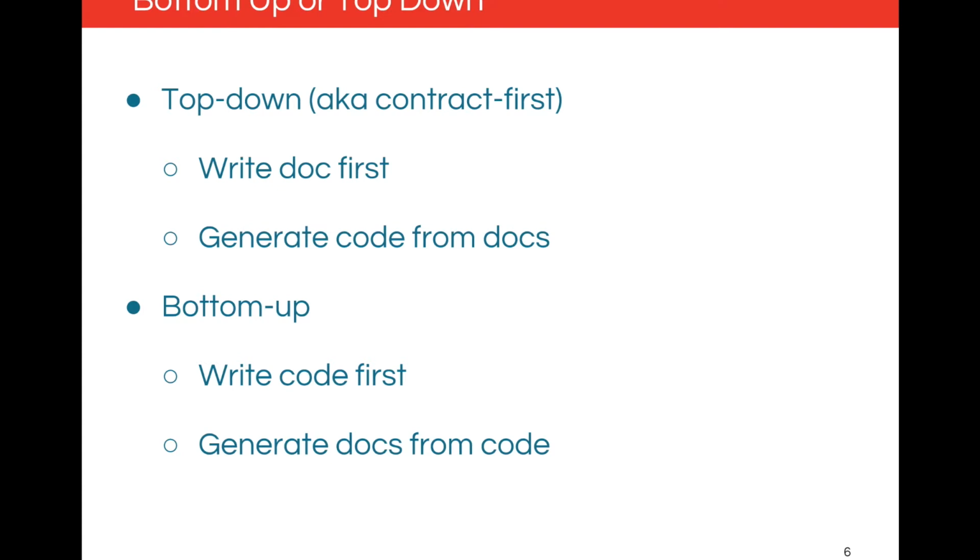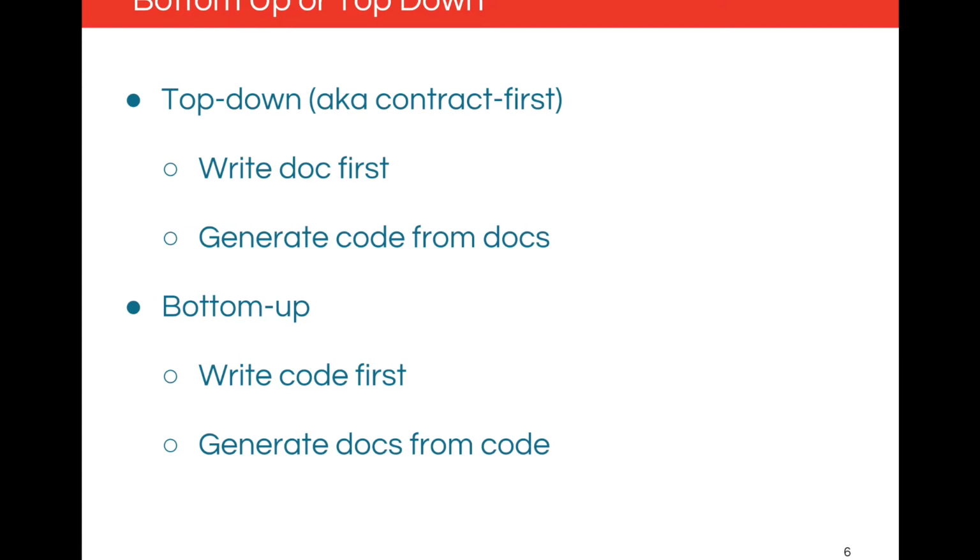When I first started looking into API documentation languages, I started to realize that there's two ways to go about using them. The first way is where you write your documentation language first, and you use your documentation to generate your server-side code or your implementation. This approach is called the top-down or contract-first approach.